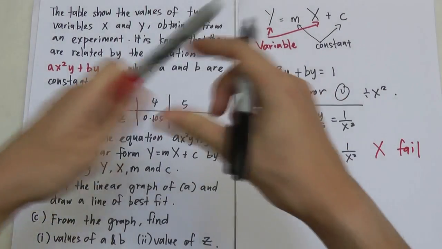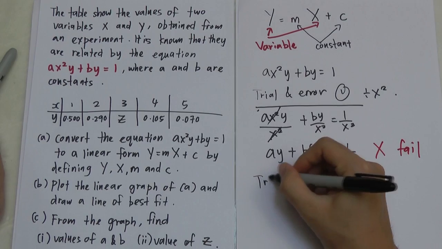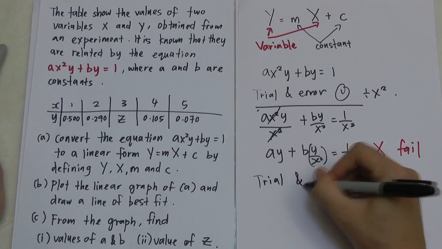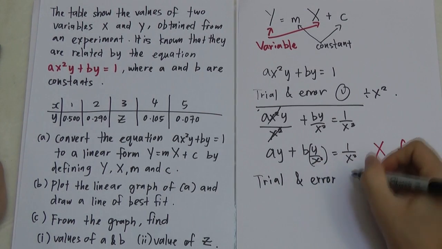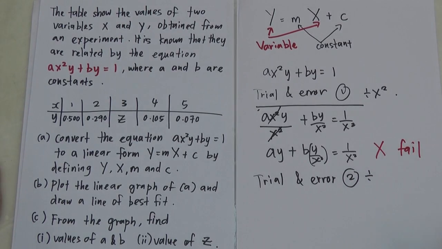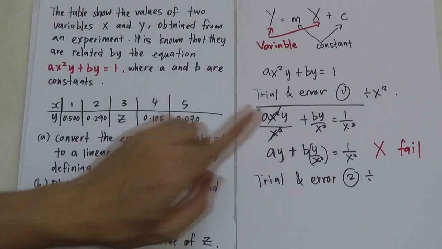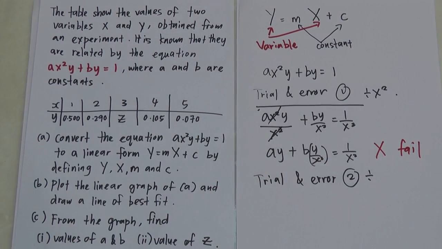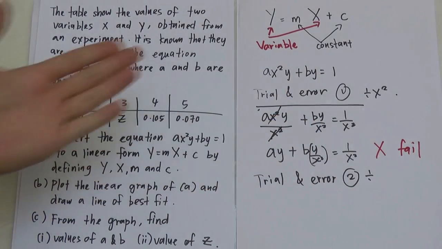Okay, let's see. I try and error 2. So over here, from try and error number 1, I know that only 2 of the terms can have the variable. One is the y, the other one will be the x.